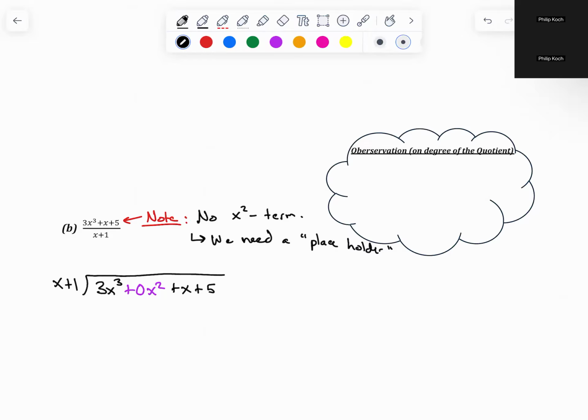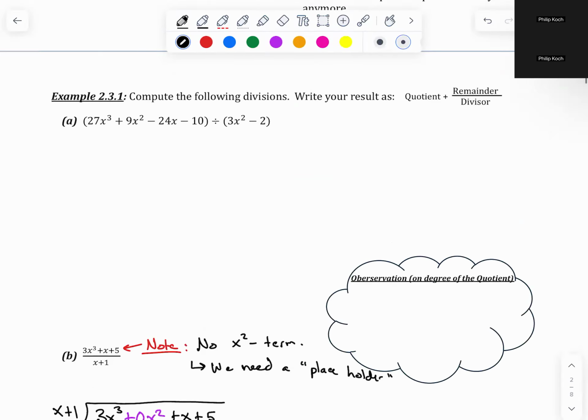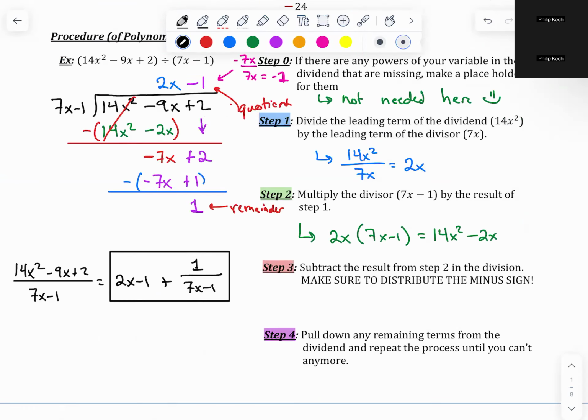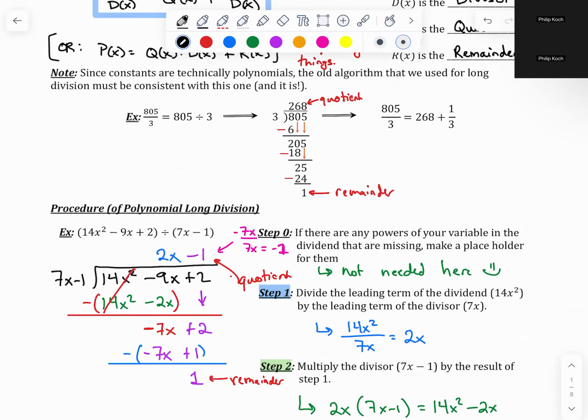Better yet, to understand why we do this, imagine each power of x is like a digit of this quote unquote number that's a polynomial. Thinking back to this example, I deliberately chose 805. So there's 8 100s, 0 10s, and 5 1s. Even though we don't have any 10s, do we still write the 0? Yes, because it's a placeholder. It has a place in the number.